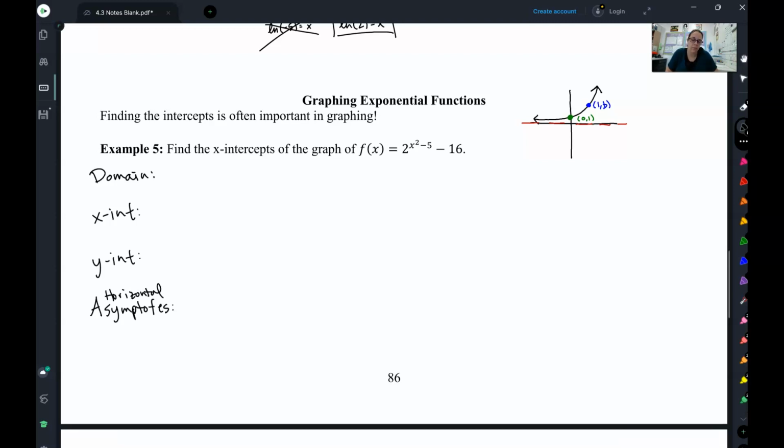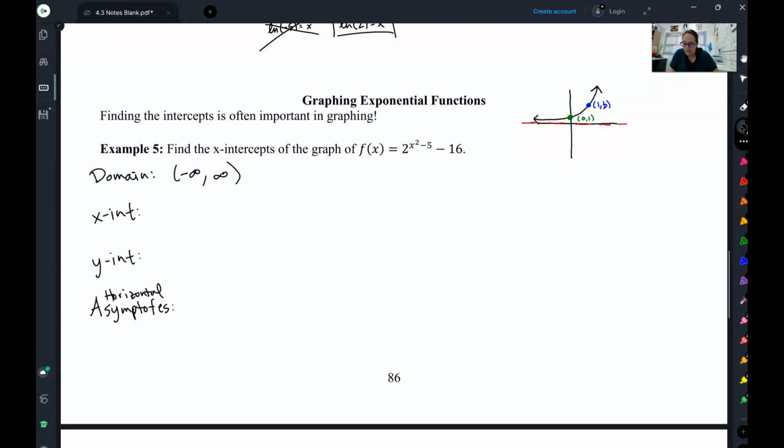If it's a logarithm, it's actually going to have a vertical asymptote. Next thing I notice, looking at this graph, do you see the domain is everything? This graph goes forever to the left, and it goes forever to the right. So my domain is negative infinity to infinity. And that will actually hold true for all of your exponentials.